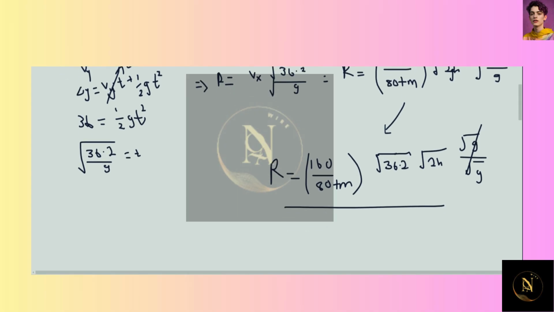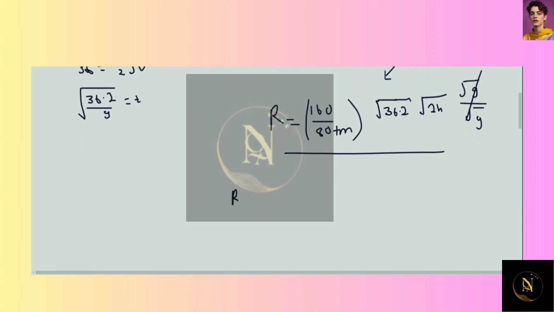So that should be the solution for this. And then you notice that if they actually want you to calculate the value for the maximum range, all you have to do is set m equal to 0. So R max here is actually going to be 160 over 80, multiplied by the square root of 36 times 2 times the square root of 2 times 1.8, which was the original height.